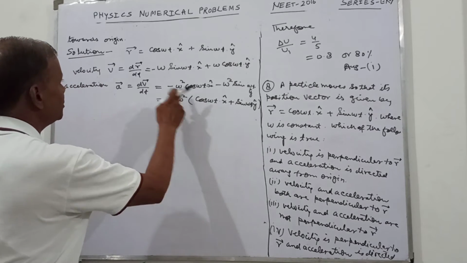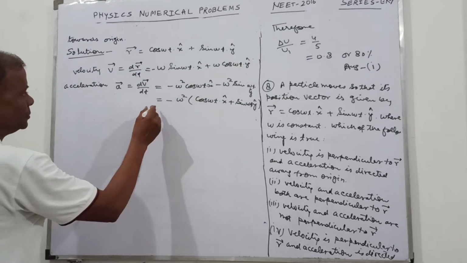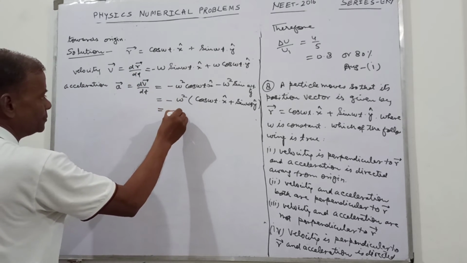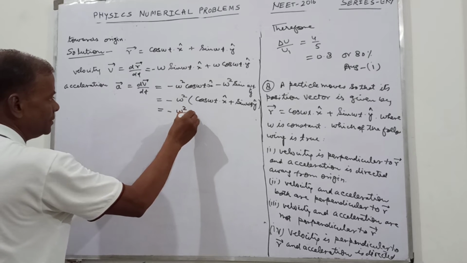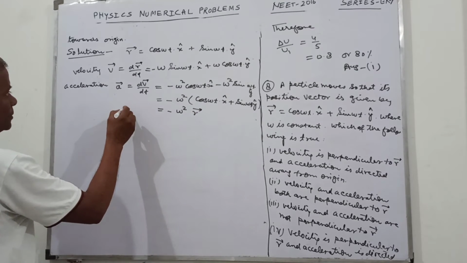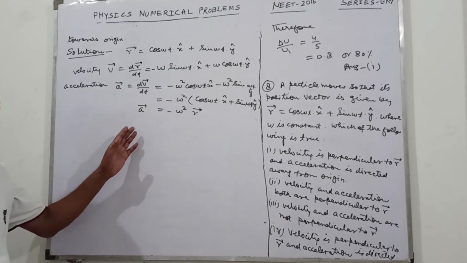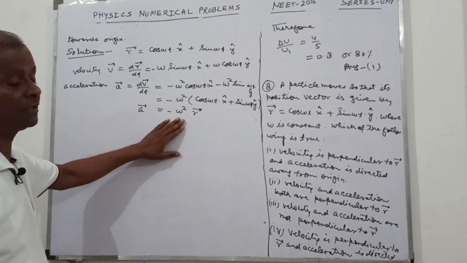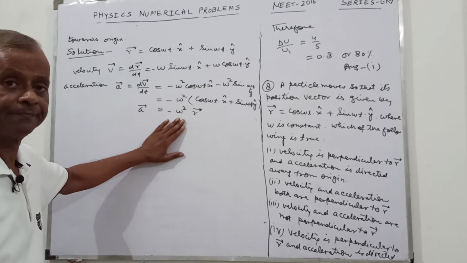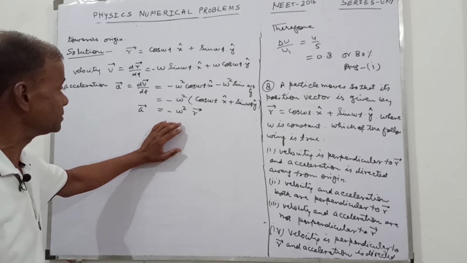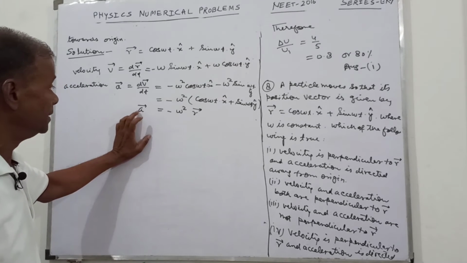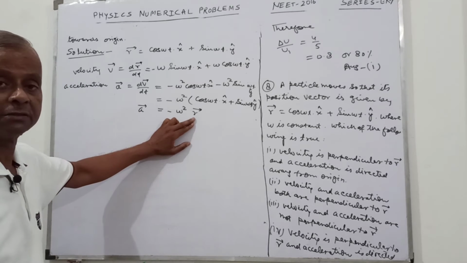You can see that this is now r, this is given here. So this is minus omega square into r. So this is the acceleration a. So now if you want to find out, this is the standard formula of the SHM, so this shows that this acceleration is always directed towards the center.